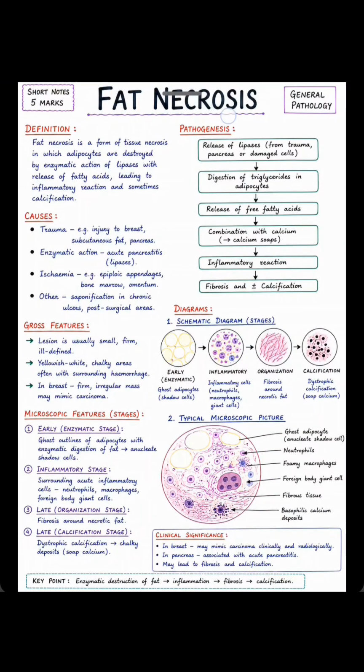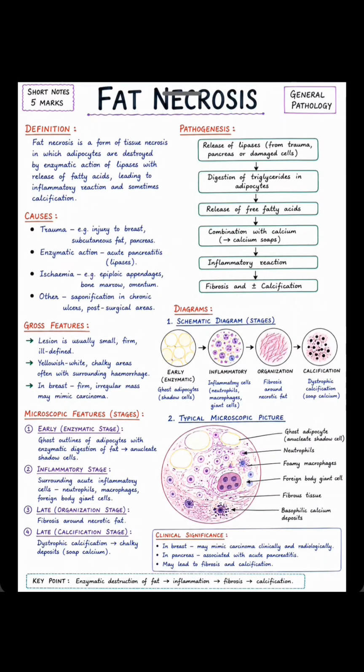When we come into the pathogenesis, let's follow the flow chart step by step. Release of lipases due to trauma and pancreatic damage. These lipases digest the triglyceride stored inside the adipocytes, and this splits them open, causing a massive release of free fatty acids.